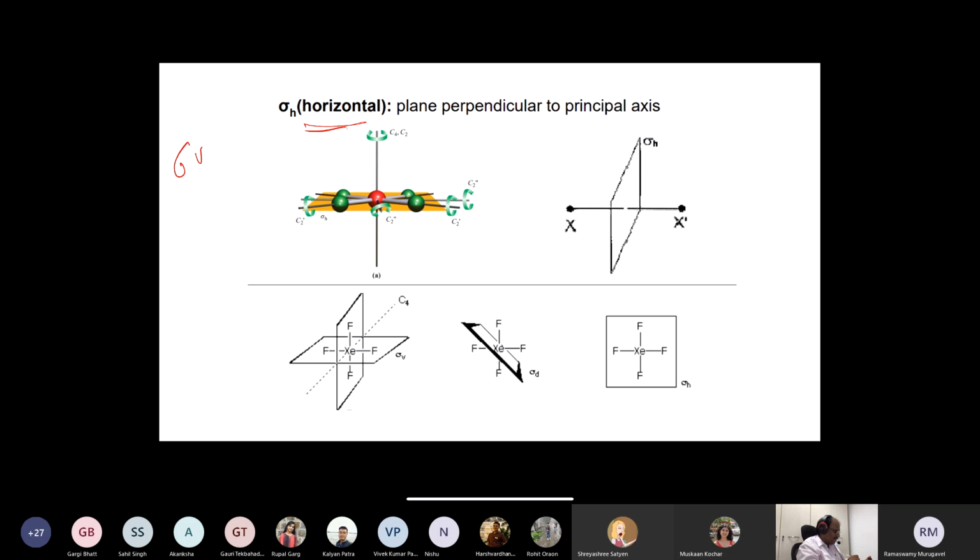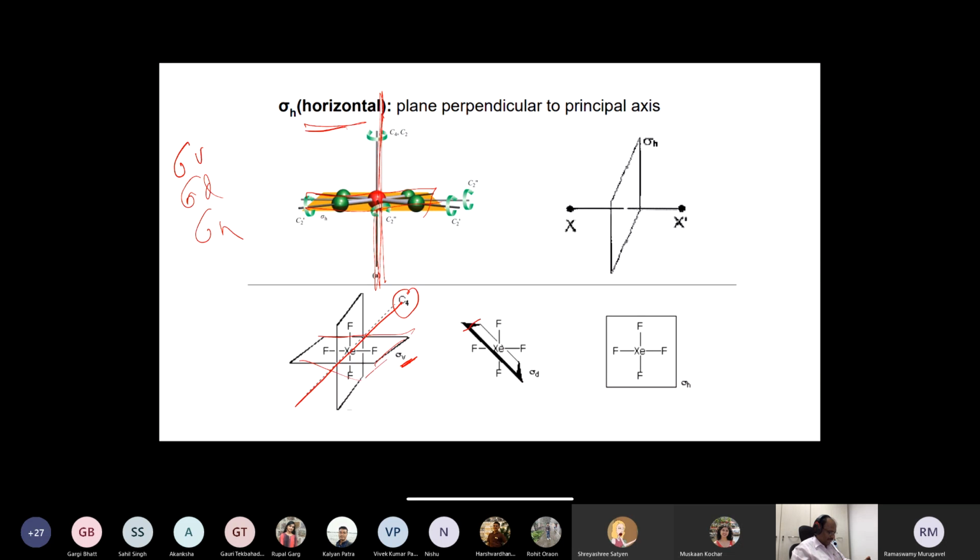So sigma v we saw, sigma d we saw, sigma h is nothing but the plane that is always perpendicular to the principal axis. Now we see in the bottom slide, sigma v is shown here, xenon tetrafluoride. This is the principal axis running through this, and this plane is sigma v.